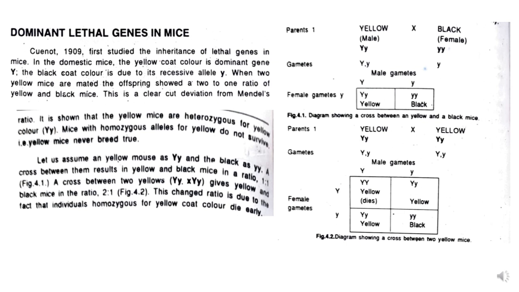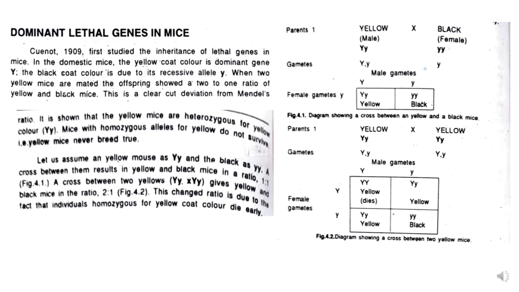It does not survive. It means that when the capital Y has two copies, the mice does not survive and the yellow color is lethal to the mice. The only yellow mice which survive are in heterozygous condition with one capital Y and small y.